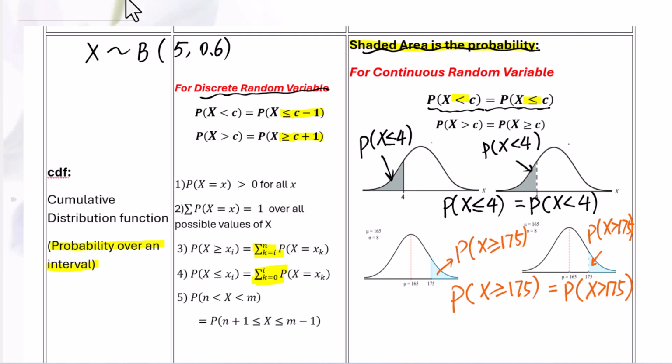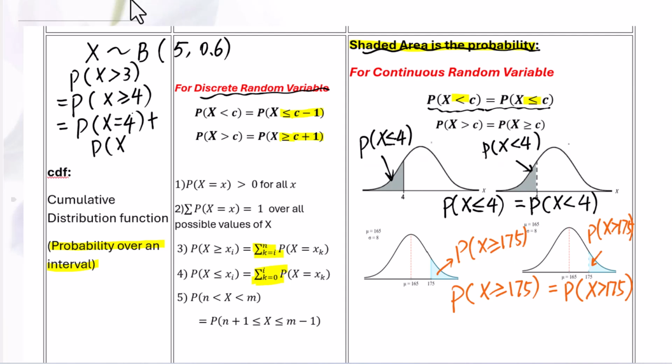I want to figure out the probability of x greater than 3, which means we need to figure out the probability of x greater than or equal to 4, which equals the probability of x equals 4 plus the probability of x equals 5.